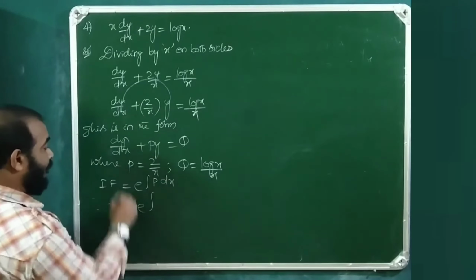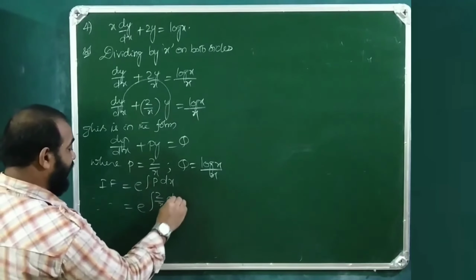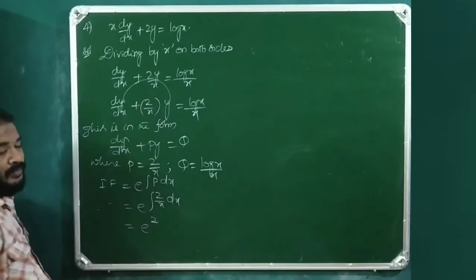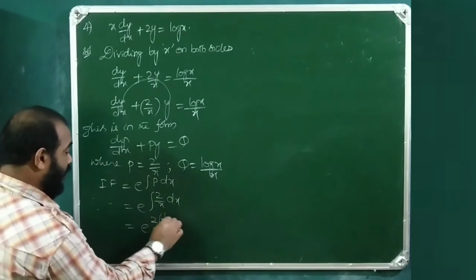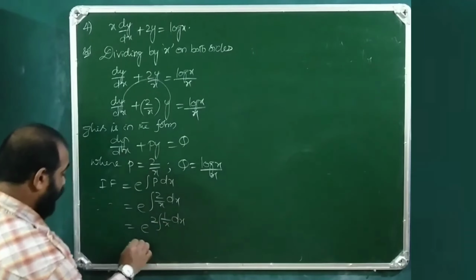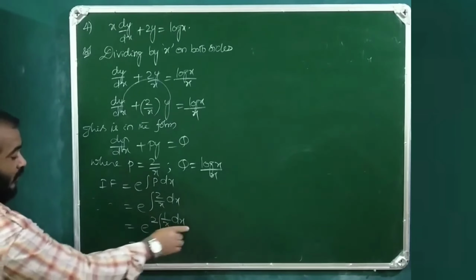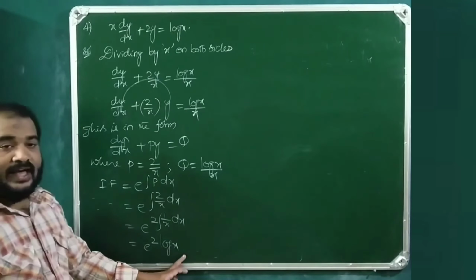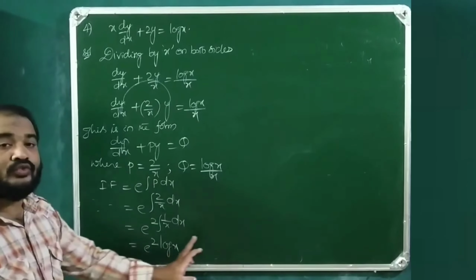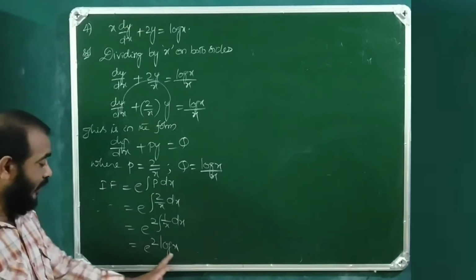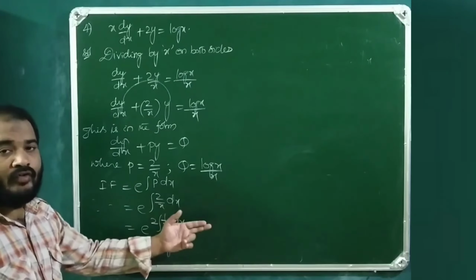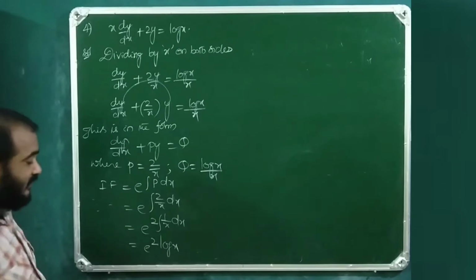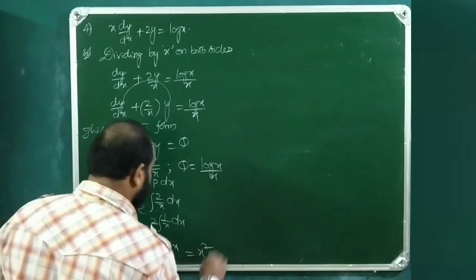E power integral of 2 by x dx. E power 2, taking the constant out of the integration, integral 1 by x dx, which is log x. So 2 log x can be written as log x square, so e power log x square. E power log gets cancelled. We are left with x square.